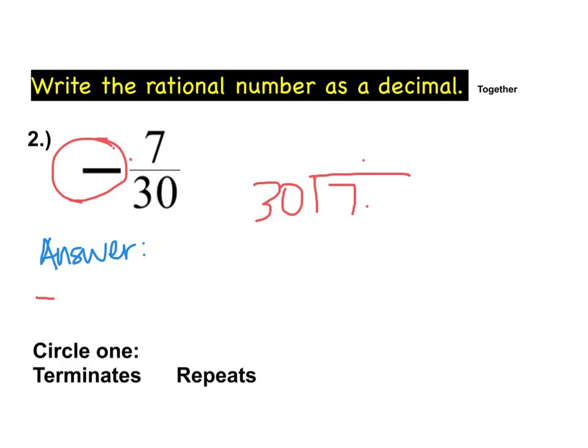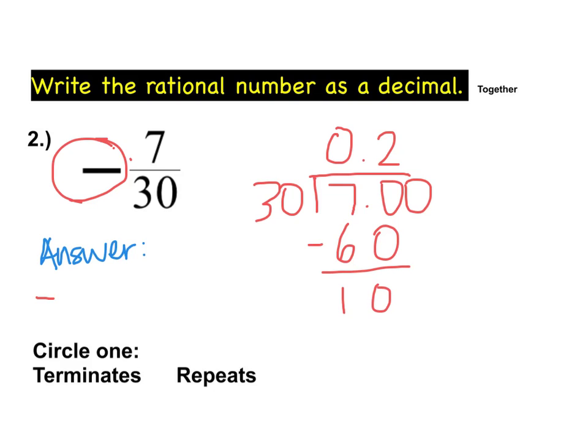We're going to put in some decimal points and some zeros, and then we'll start our division. 30 doesn't divide evenly into 7, but 30 does go into 70. It goes in 2 times. 2 times 30 is 60. We take the difference. We get 10.